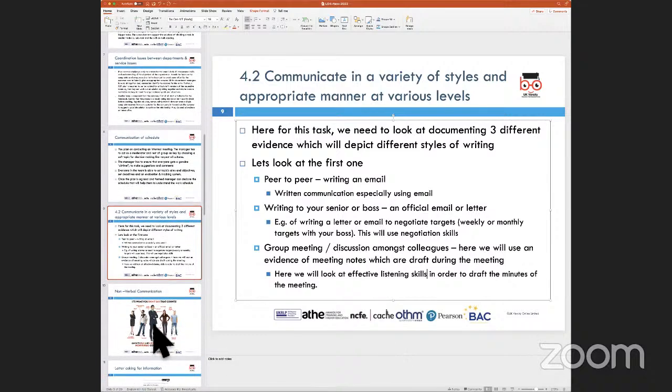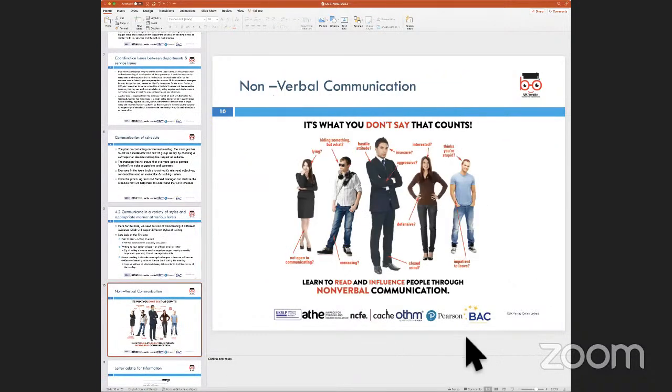When we look at non-verbal communication, a lot of the things we don't say, the way we stand and behave, our body gestures, can communicate a lot.